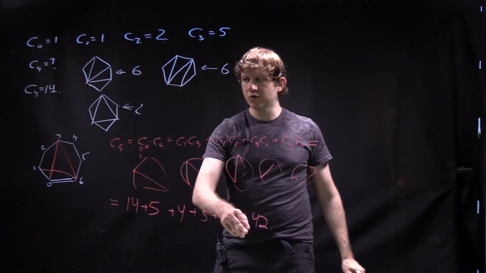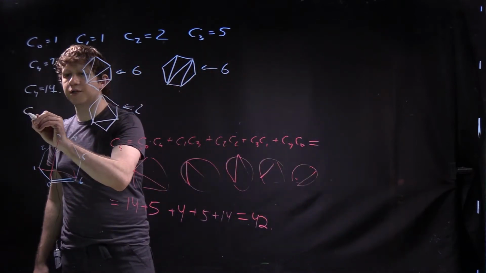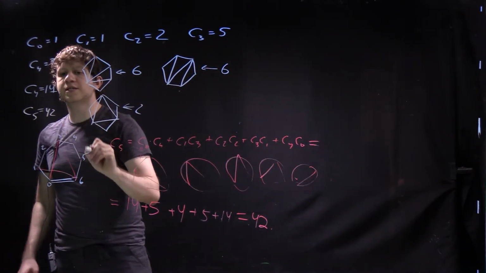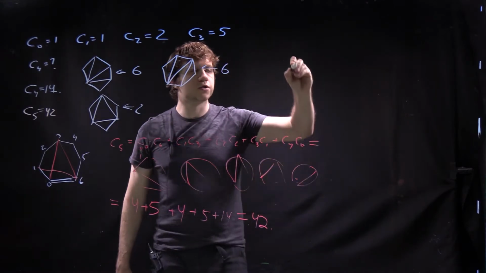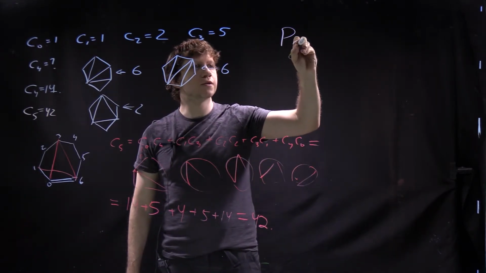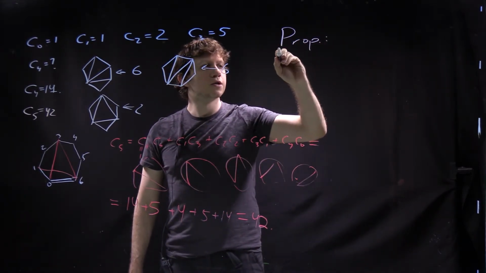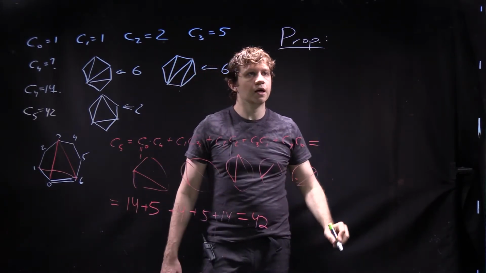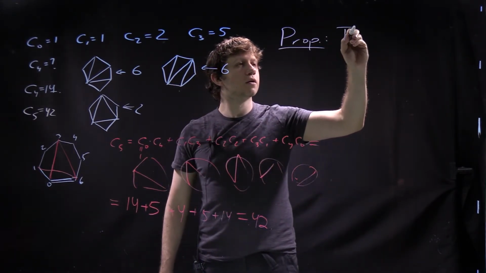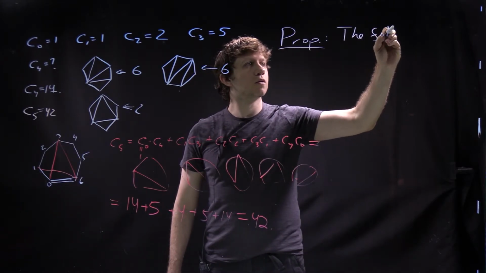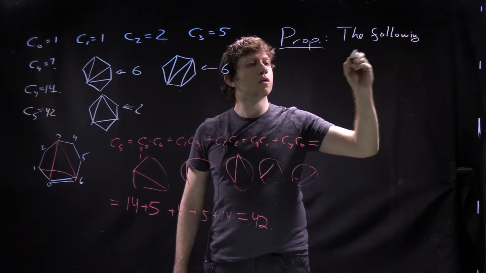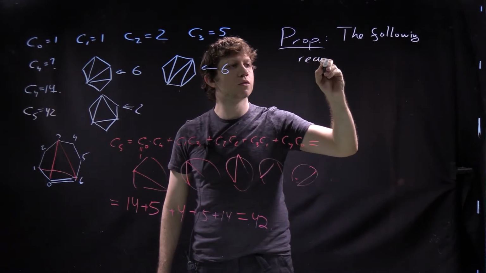So we have computed C5, so now C5 is 42, and of course this method is rather general. So let me just state this proposition. The proposition is that the following recurrence relation holds.